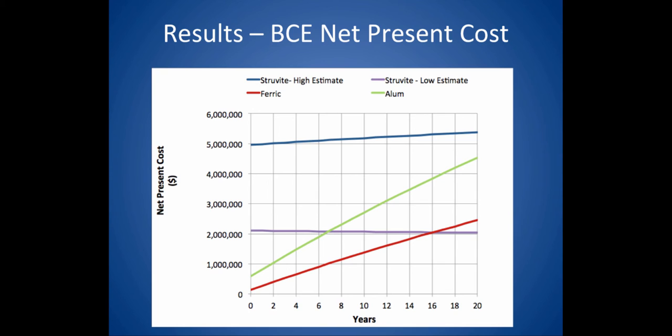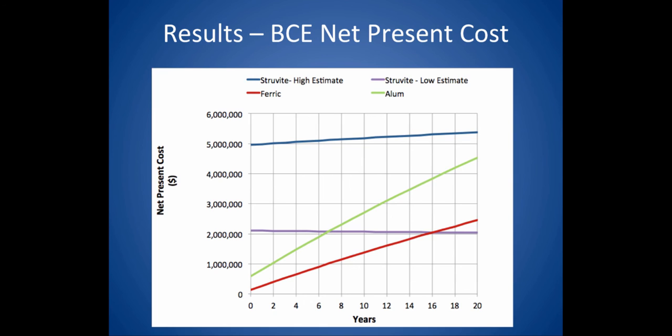The lines for the alum and the ferric chloride show significant increases in the net present cost each year because the systems have significant annual O&M costs with no recovered product to sell or current chemical costs that can be avoided.